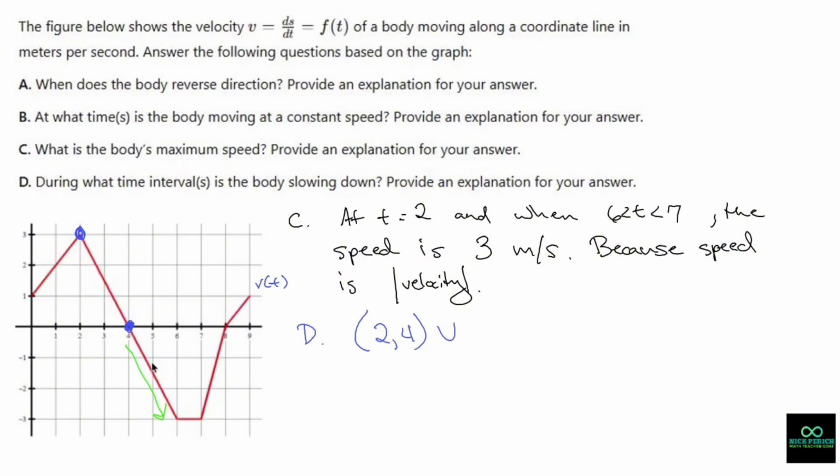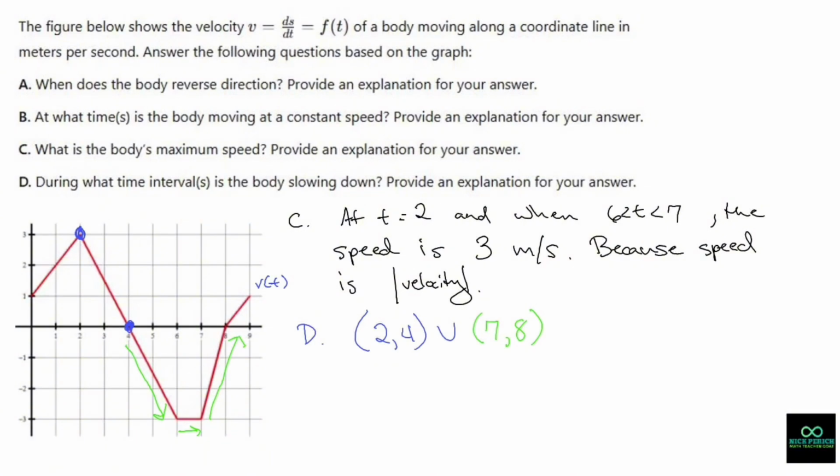Now we're moving backwards, moving faster. This is not slowing down. This is speeding up. This is staying at the same speed. And here, we're slowing down while going backwards. So the other interval is going to be between 7 and 8 because we're slowing down while going backwards.